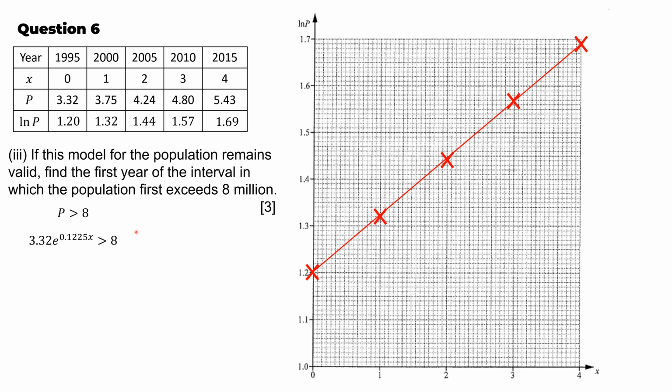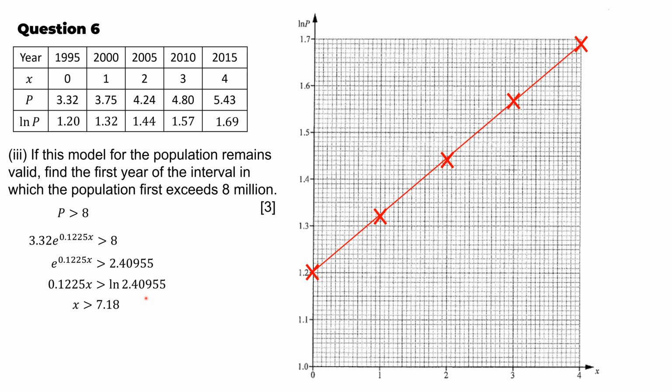We first divide both sides by 3.32, and we get e to the power of 0.1225x greater than 2.40955. Then we take ln of both sides, and we get 0.1225x greater than ln 2.40955.